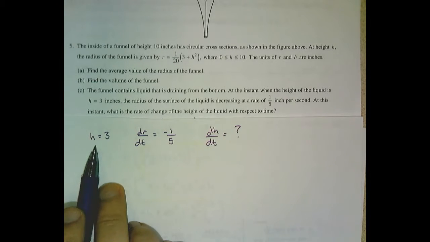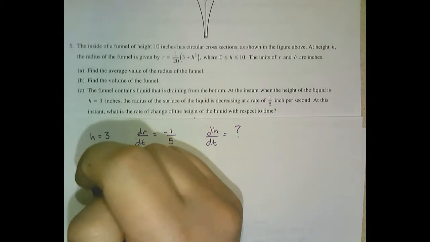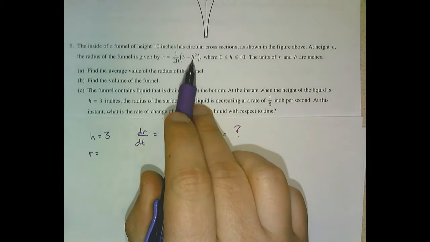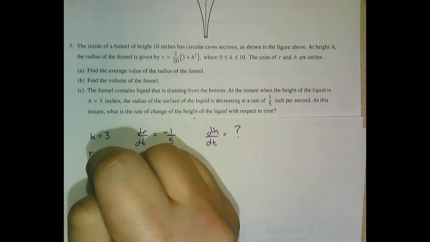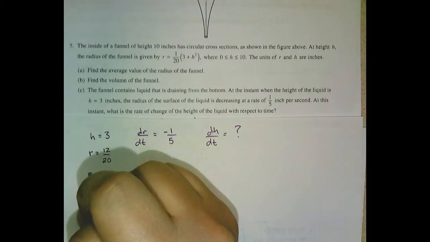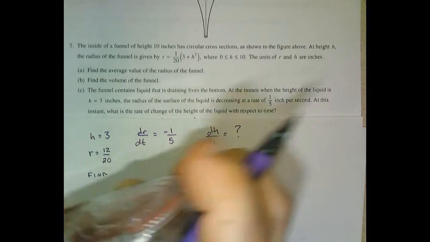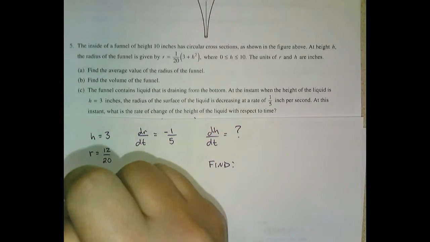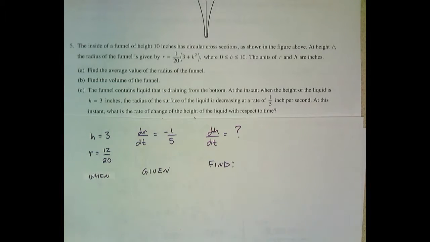So right off the bat, if I know that the snapshot moment occurs at h equals 3, if I stick 3 into the equation, I can find the r value. So the r value, I don't know if I need it, but would be 9 plus 3 is 12 over 20. Okay. So in our class, we set it up as find when given.